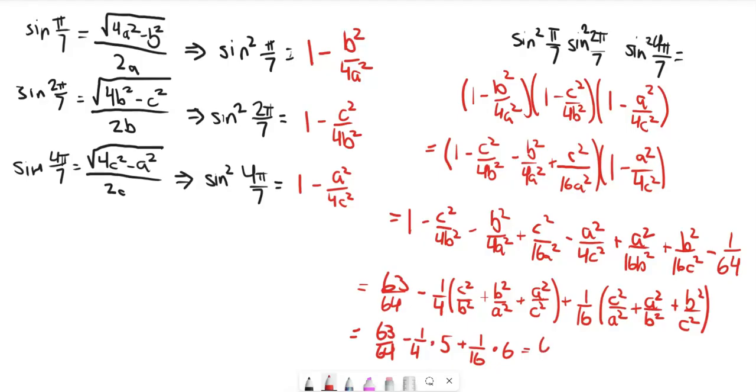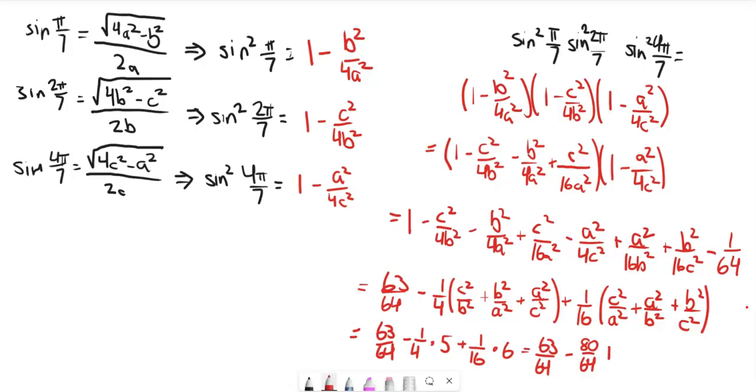Now, we'll go through and find a common denominator, which is 64, because 4 and 16, when they multiply, get 64. So we'll get 63 over 64. I'll just do a quick 80 over 64, because 16 times 5 is 80, and 16 times 4 is 64.